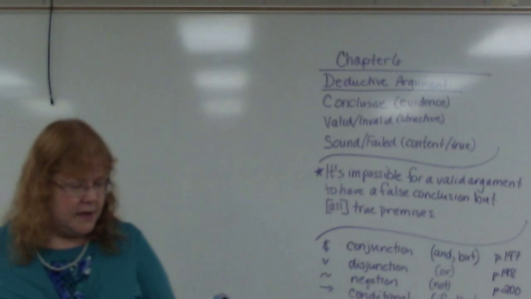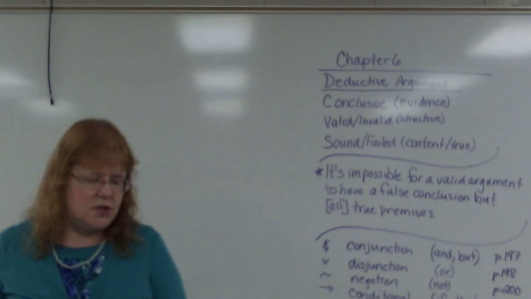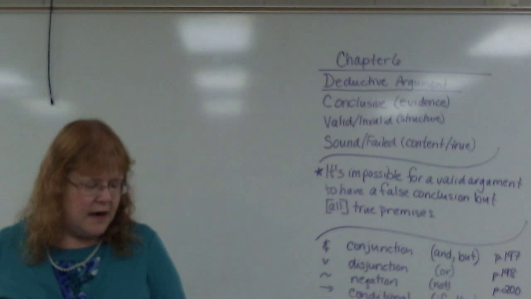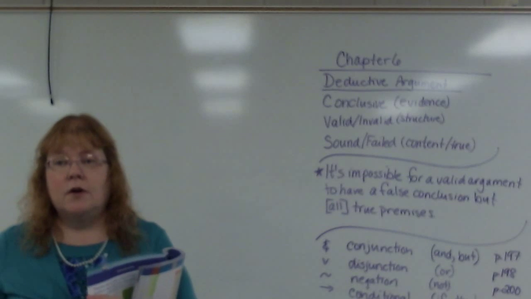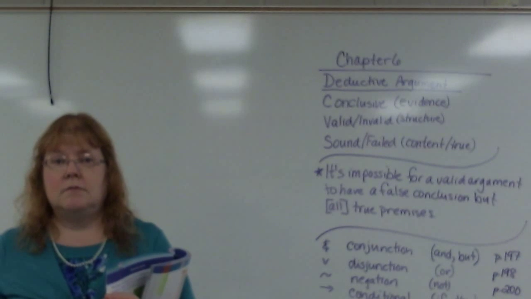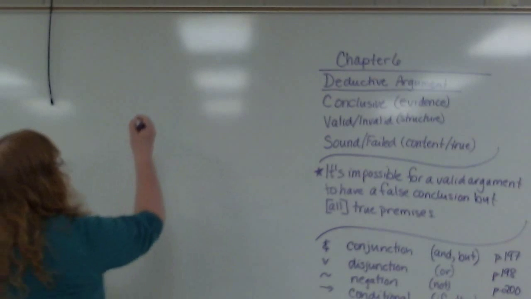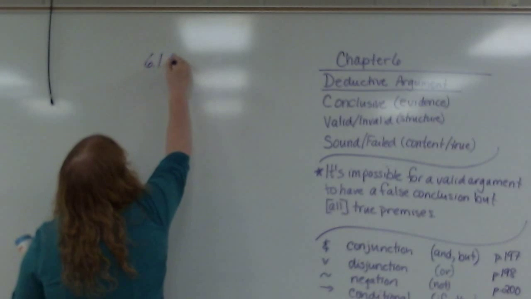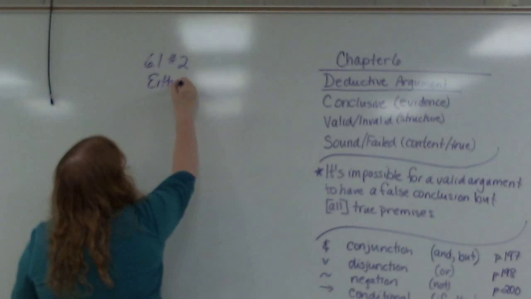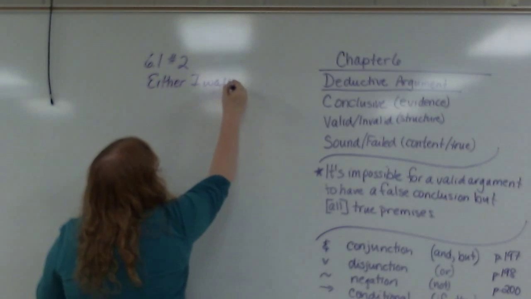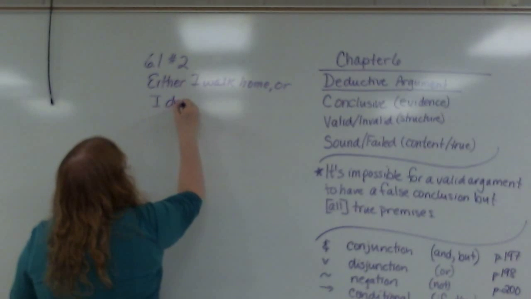Exercise 6.1, it's on page 203, and it says identify each of the following statements as a conjunction, disjunction, or conditional. Identify its component statements and indicate the symbol used to represent the connective. So here we're just looking at the words on the page. Okay, 6.1, number 2, it says either I walk home or I drive Ralph's car.